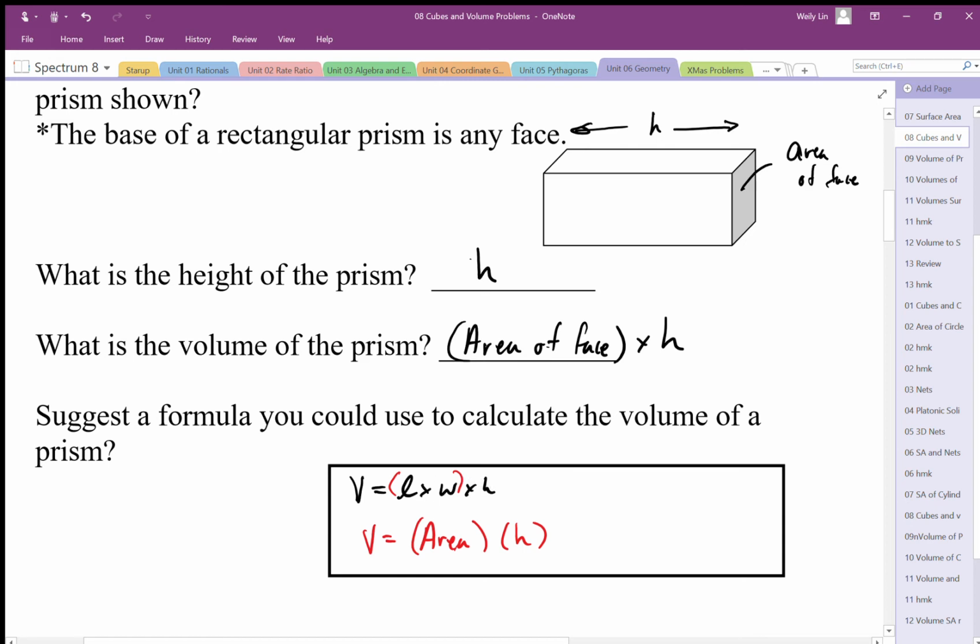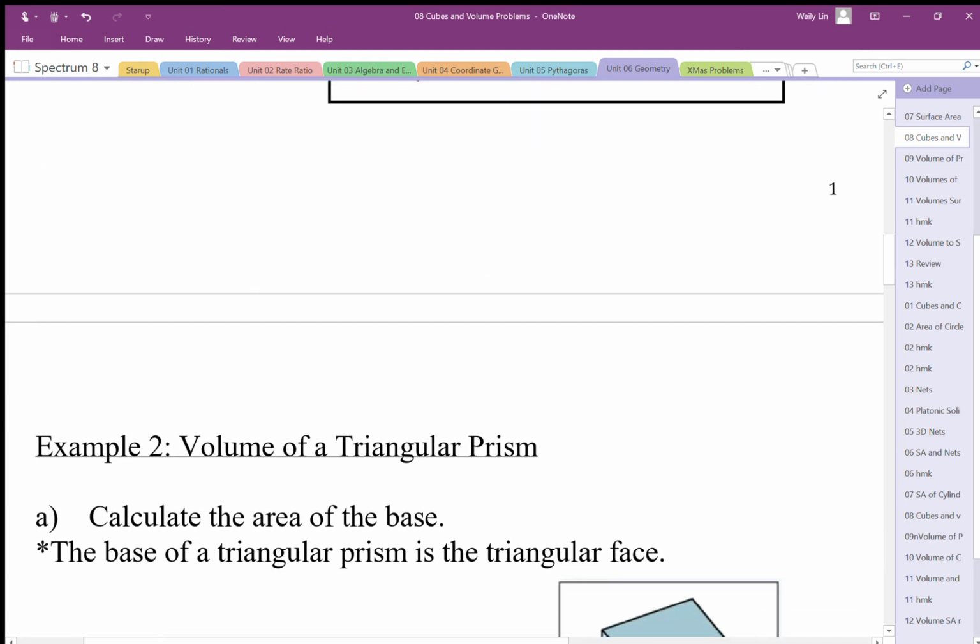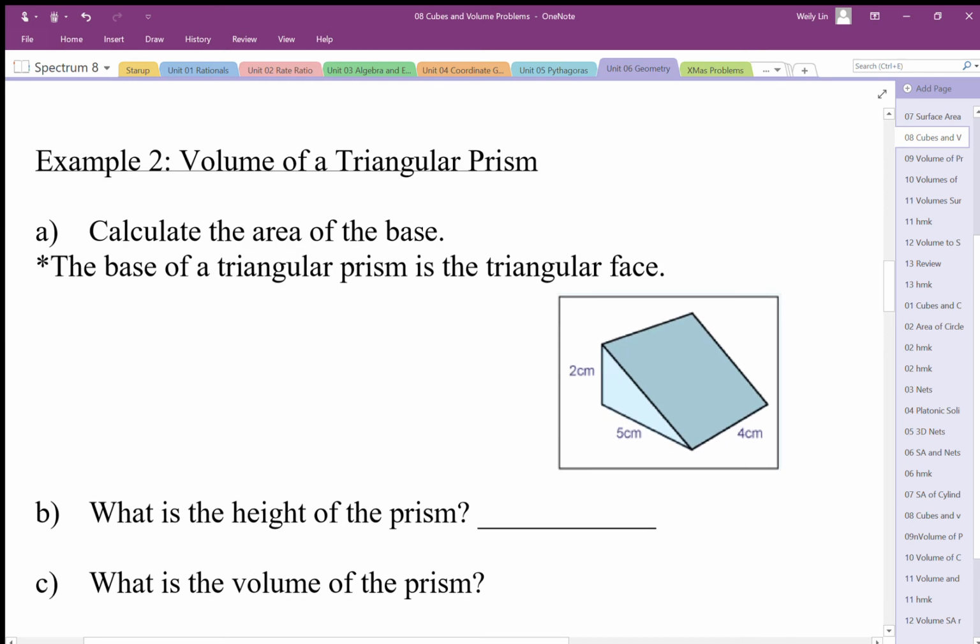So if we want to calculate the volume of a triangular prism, well, any prism is a shape that when we slice it, every slice's cross-sectional area is going to have the same shape or the same area. So if I slice it in this way, we get all triangular faces. So we can say that this represents the height.